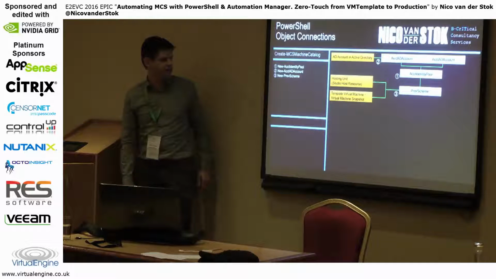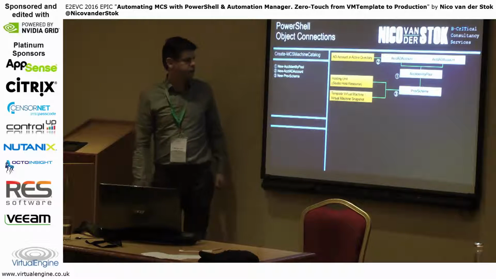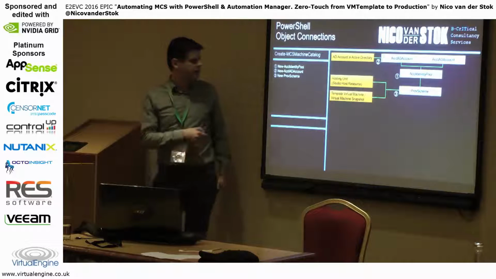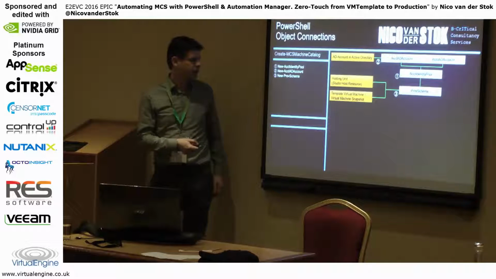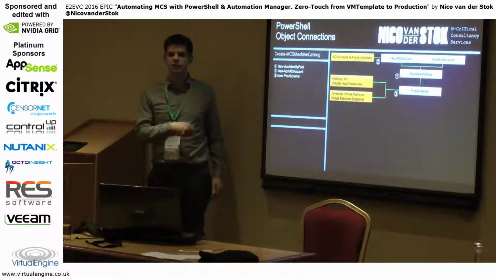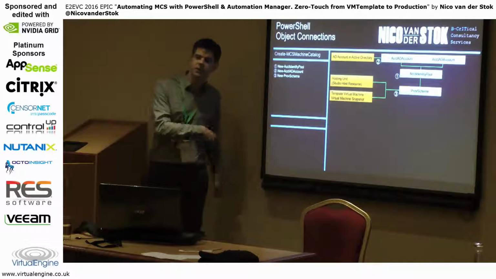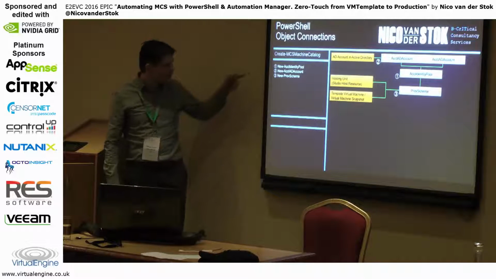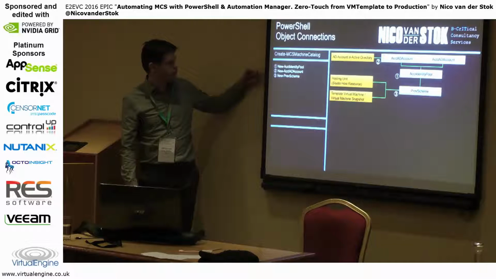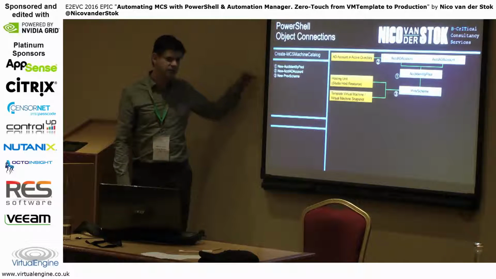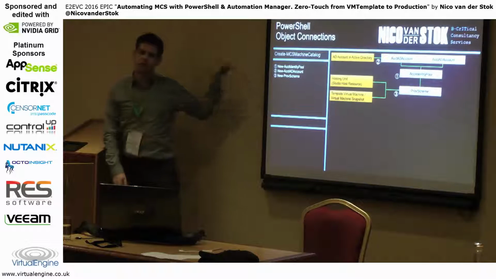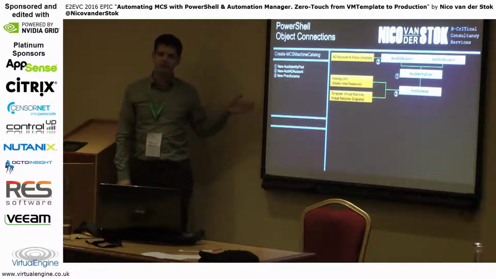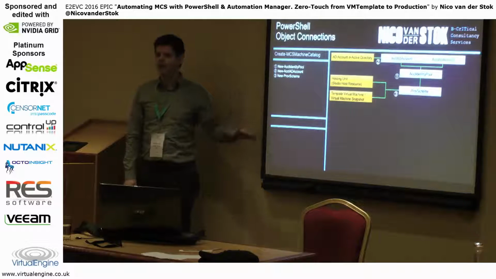Next, you need to create something called the provisioning scheme. And the provisioning scheme has a lot of properties. The important ones are the hosting unit, so the connection to your hypervisor, the name of the virtual machine where you will be creating machines from, and the name of the snapshot. When you execute the code, New-ProvScheme, at this point in time, your hypervisor, in this case VMware, will start copying the disk.